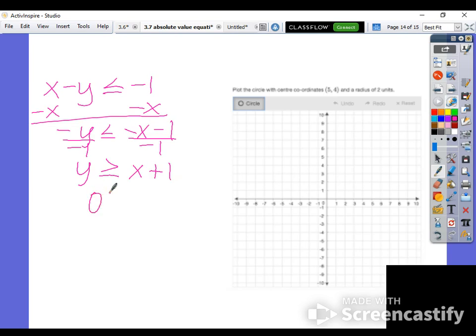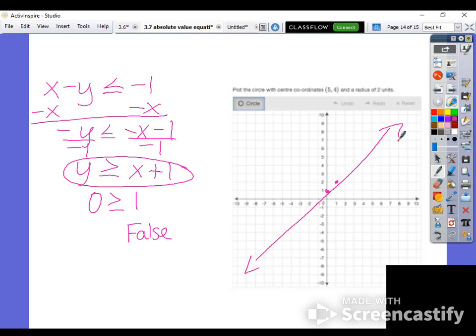So is 0 greater than or equal to 1? That would be false. So we know we're not going to shade on the 0, 0 side. This will be a solid line when I graph it. And we don't want the 0, 0 side because we made it false, so I shade above.